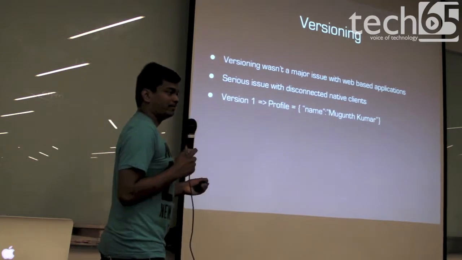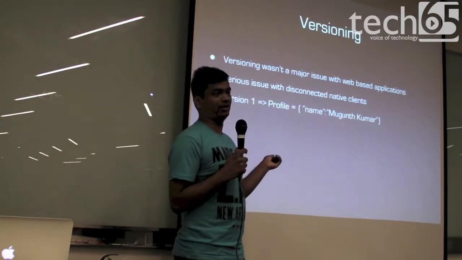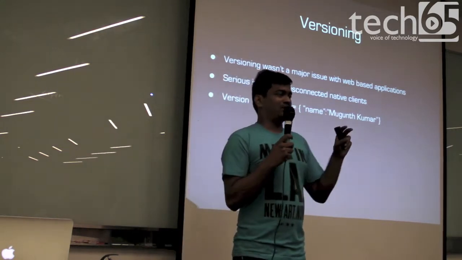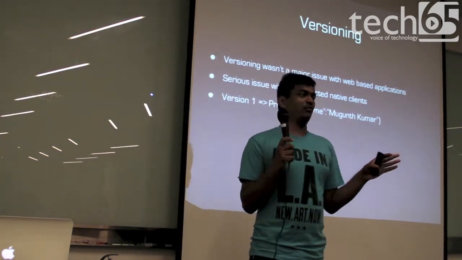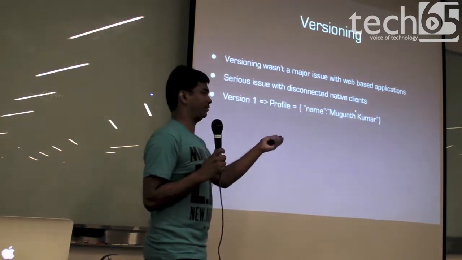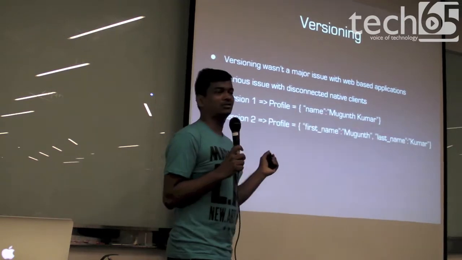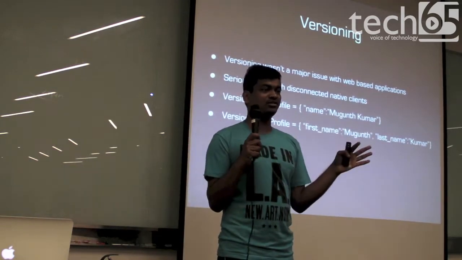I'll give you an example. In version 1, you have a model called profile, and because we all make mistakes, we didn't use first name and last name. Okay? We sent the complete name as one single key called name. In version 2, business requirements changed.